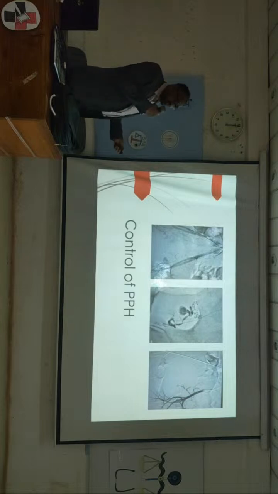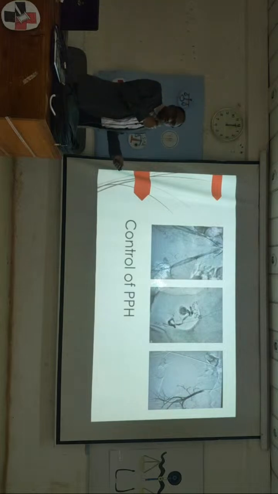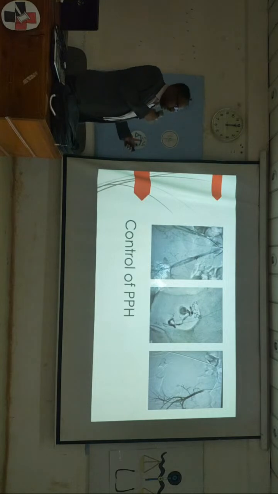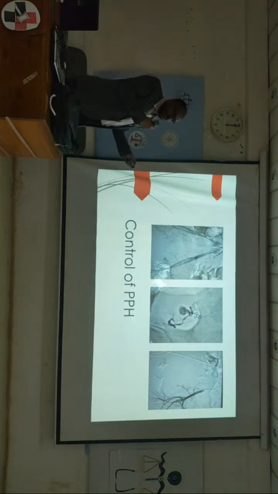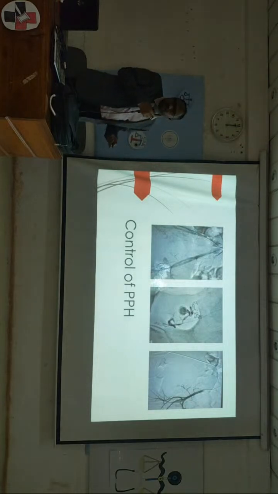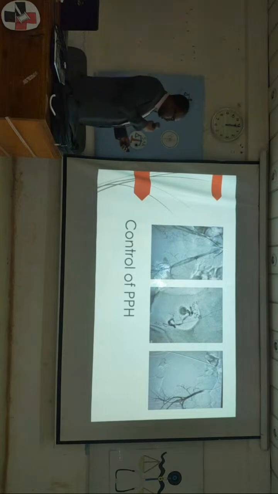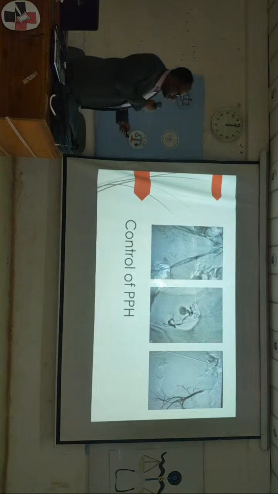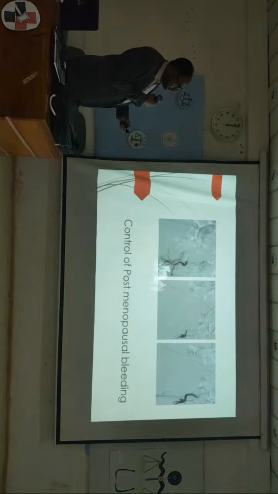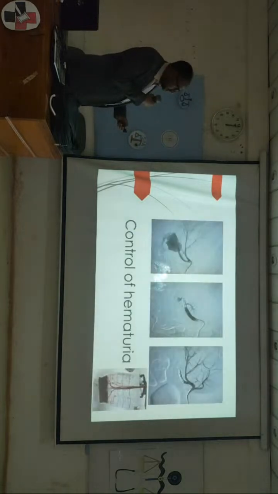This is a minimally invasive procedure, usually done under local anesthesia. The patient is alert. Actually, you can control bleeding in 15 minutes to half an hour without any risk of surgical scarring, surgical suturing, or complications.